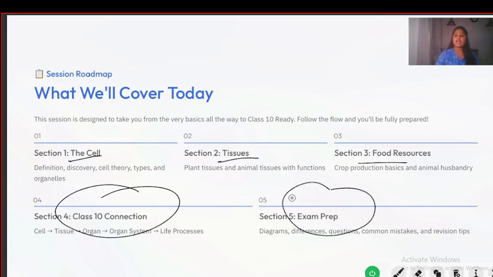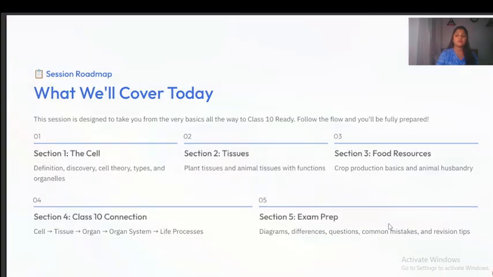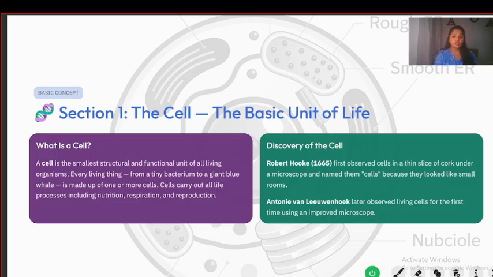So first, in section 1, what are we going to understand? In section 1 we will see about cell. Okay, in the previous video we have already understood what we mean by cell, what is the definition of a cell, right? So here again we'll just brush up what is actually the meaning of a cell. A cell is the smallest structural and functional unit of all living organisms.